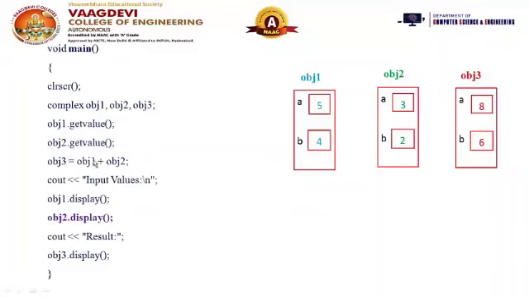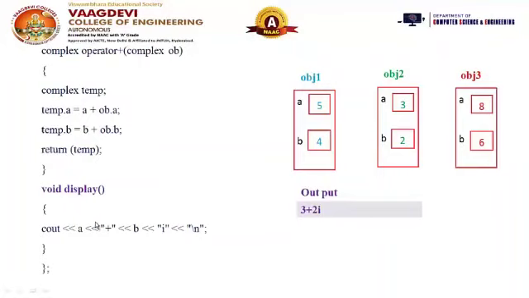And in the next statement, by using object 2, it calls the display method and control goes to the display function. By using the cout statement, it prints the value of 3 plus 2i on the monitor. After executing the display function, again the control returns back to the main function.